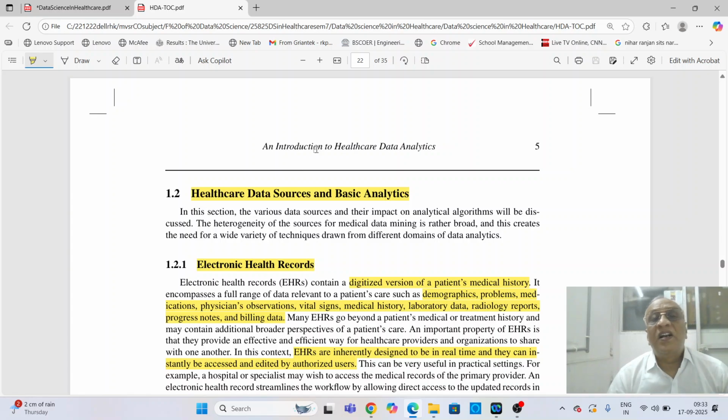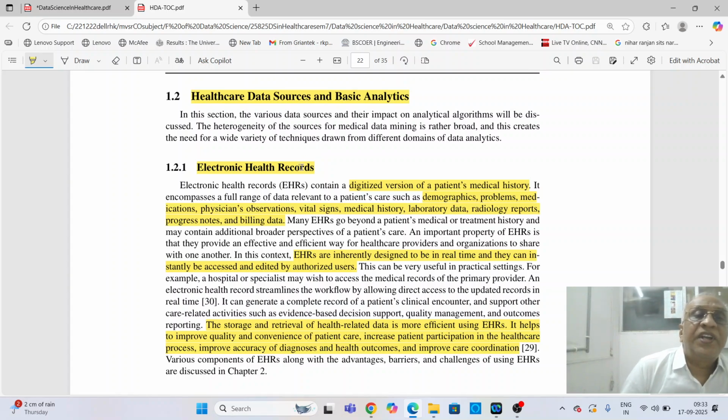Coming to healthcare data sources and basic analytics, one of the major healthcare data sources is electronic health records. These are the digitized versions of a patient's medical history. They may specify demographics, problems, medications, physician's observations, vital signs, medical history, laboratory data, radiologic reports, progress notes, and billing data.